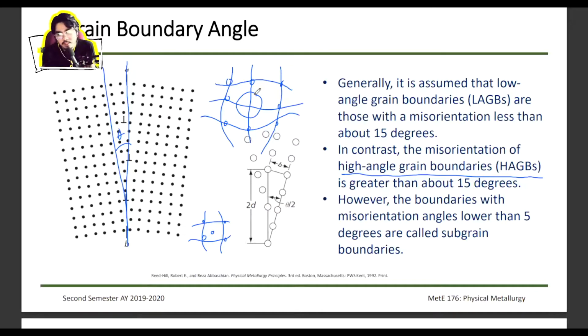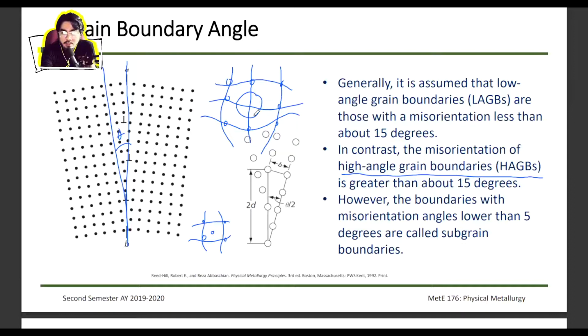So if it's easier for dislocation to move about freely, then lower yung strength na expected natin sa material. If it's very difficult for dislocation movement to occur, then mas malakas yung material natin. And yung hindrances to dislocation could be anything. So grain boundary is one of them.